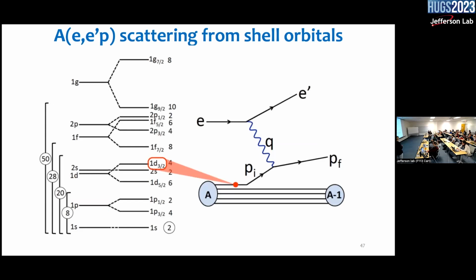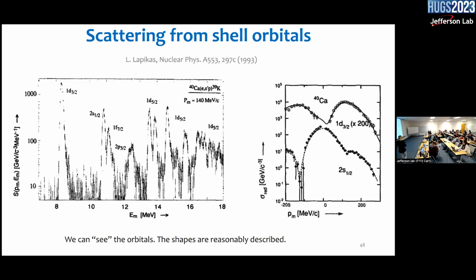So some of the experiments then use the plane wave impulse approximation and the shell model to scatter from the shell orbitals. That's what's shown over here: if you had a bunch of shell orbitals that are filled up, then you could tune your kinematics, scatter off everything, and measure a spectrum.